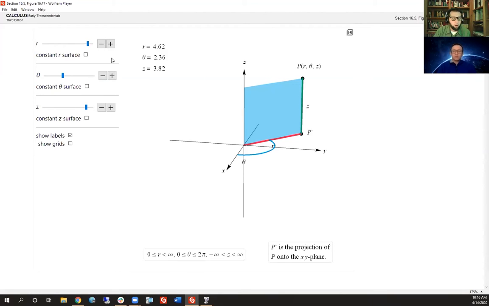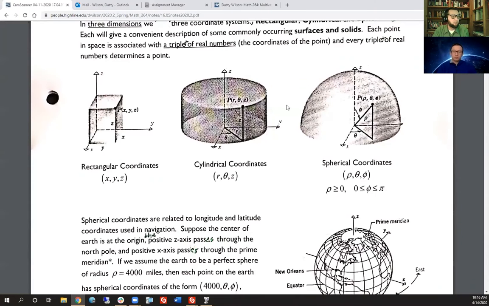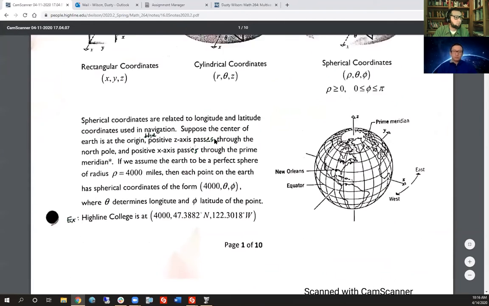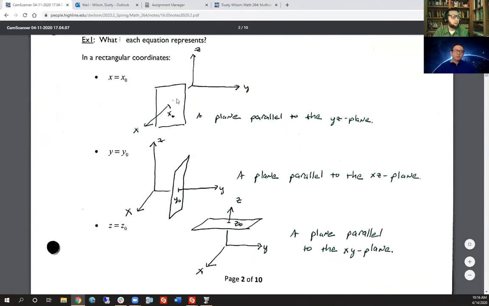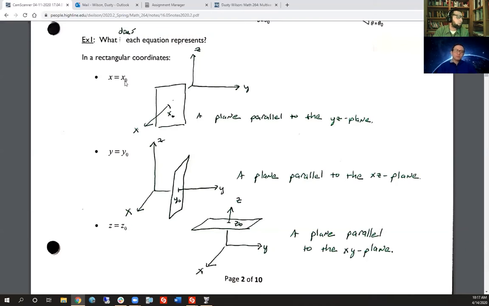So a simple question that comes with this is, what does it look like if you hold a variable constant? For example, if you're in rectangular coordinates and we say x equals x naught, or maybe x equals 2, that would be this vertical plane parallel to the YZ plane, perpendicular to the x-axis.